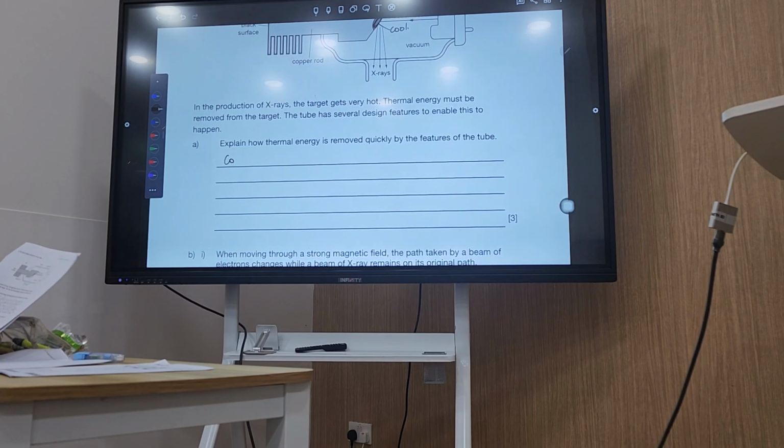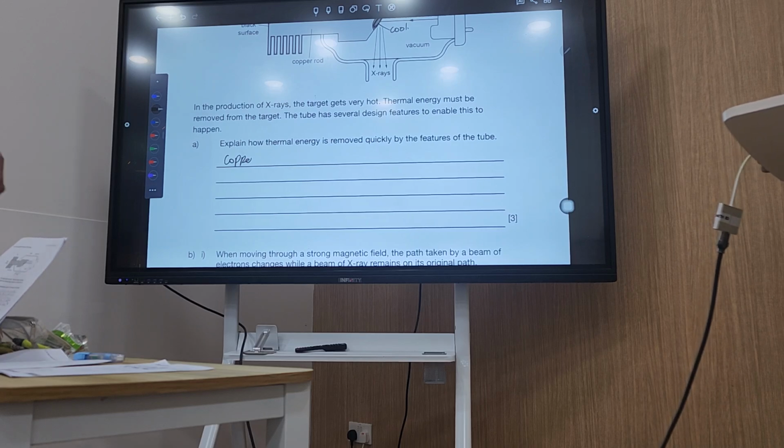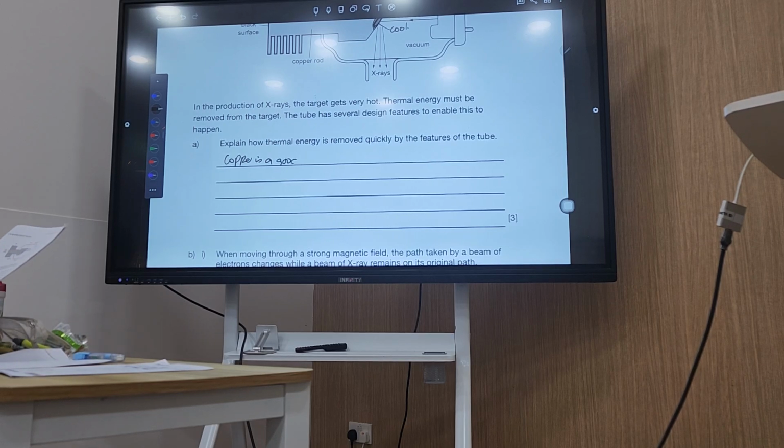The copper. Why copper? What does copper help? Copper is a good conductor of heat. So what? You dissipate the heat. I would say absorb, or actually dissipate is a pretty good word.